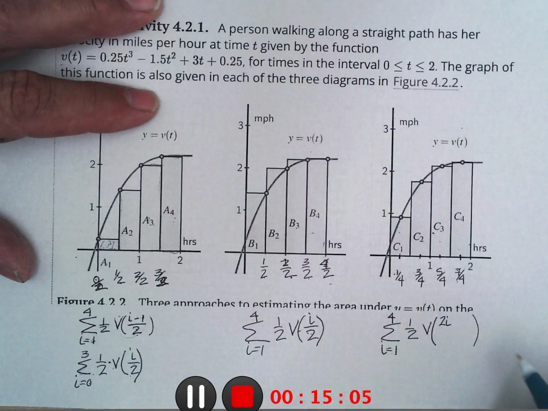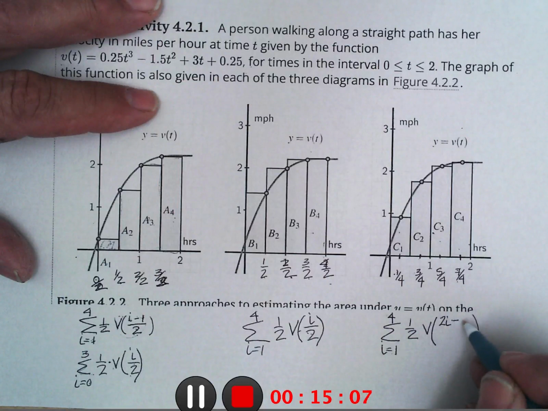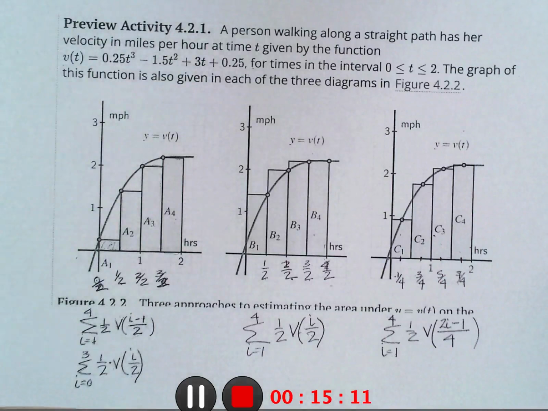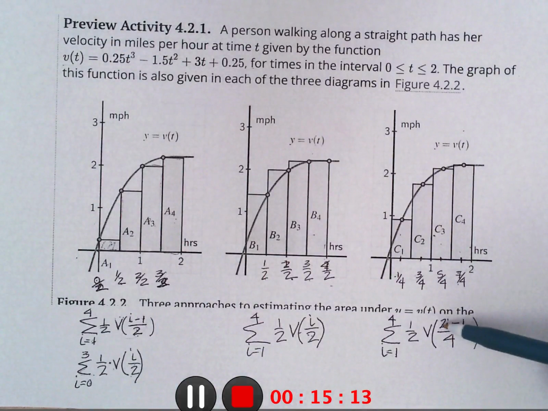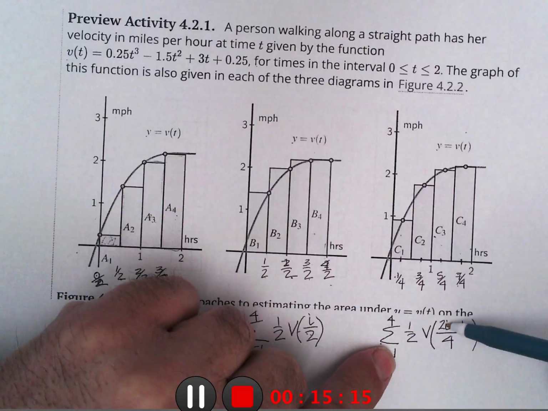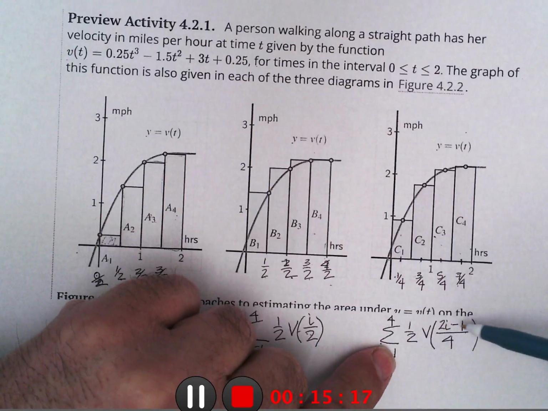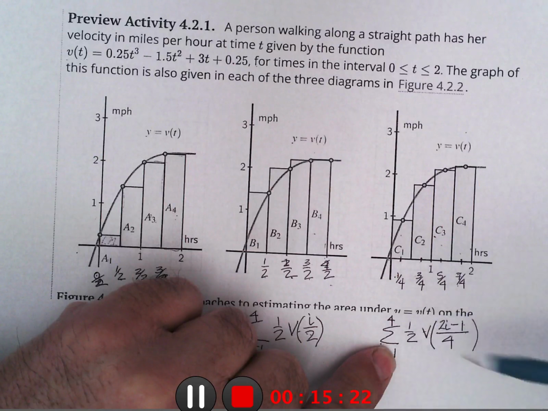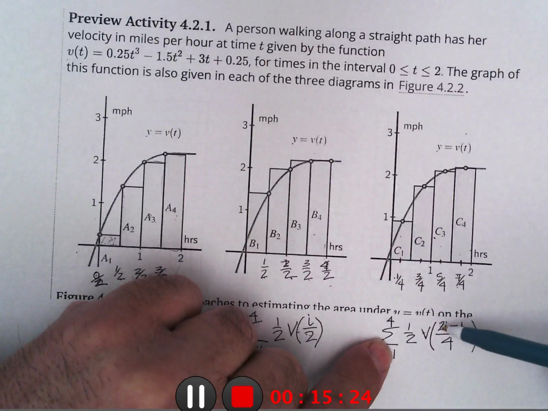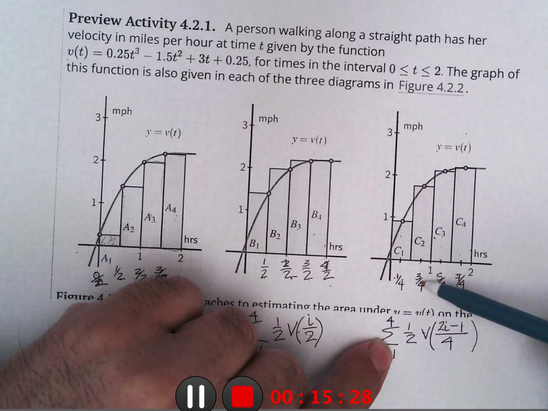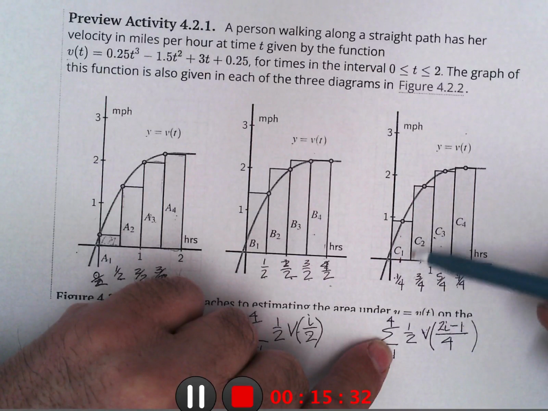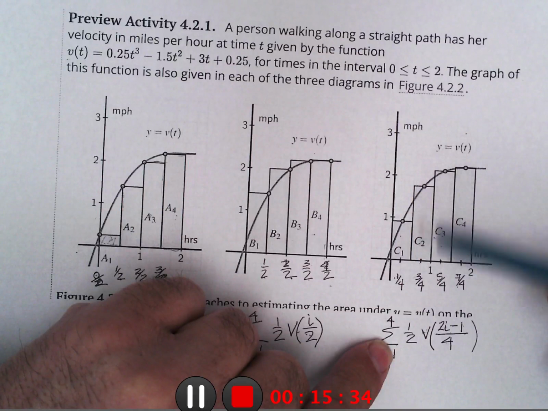So if I go 2I minus 1 over 4, that would give me 1 times 2, which is 2, minus 1 is 1 fourth. Find the height there. Then if I put 2, 2 times 2 is 4, minus 1, 3 fourths. Find the height, V of 3 fourths, that's this height, times that width, 1/2, and that would give me the area of the second rectangle.